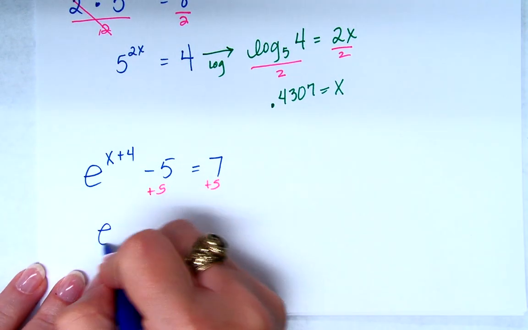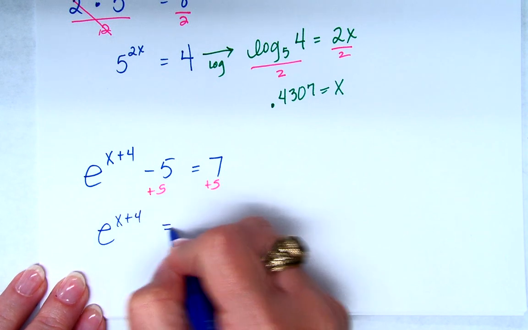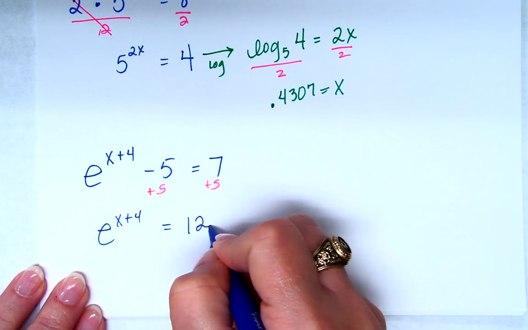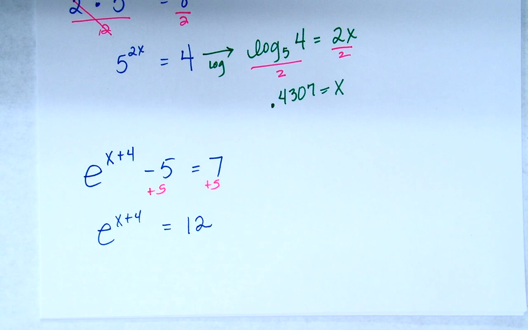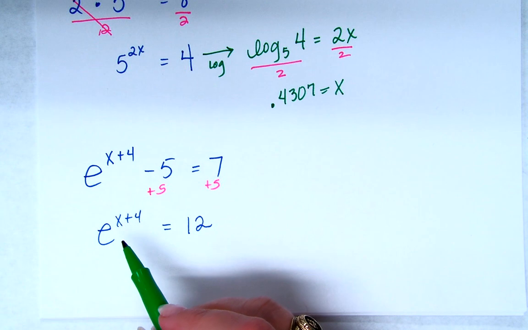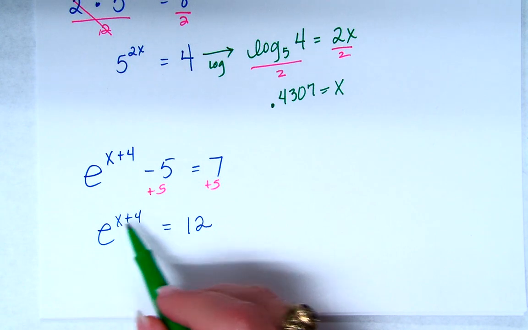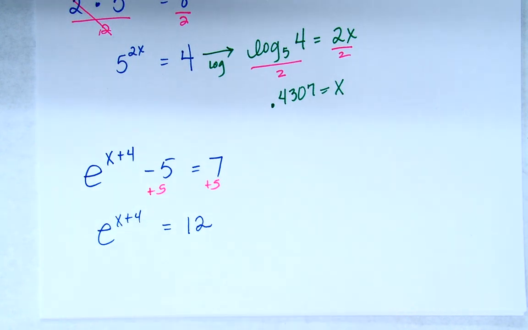E raised to the x plus 4 equals 12. 7 plus 5. Is the base isolated? Yes. Why do some people not think the base is isolated? Because of the plus 4, but we know that that's in the exponent, right? And we know that that's fine.